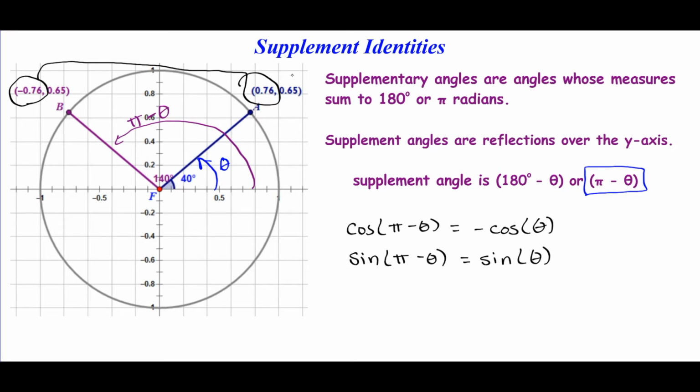And then again, my tangent values are going to be 0.65 over 0.76 here, and negative 0.65 over 0.76 here. Again, they're opposites. So the tangent of pi minus theta is the opposite of the tangent of theta. These are my supplement identities, and again, they would be on the formula sheet.